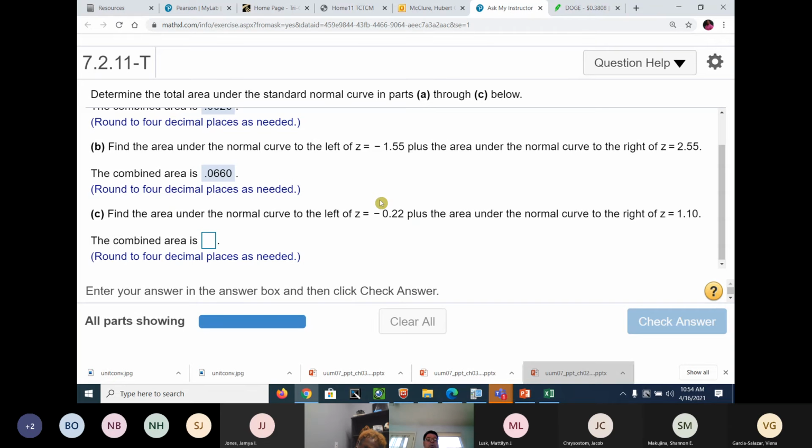And they want to go under the curve to the left. And to the right of. Is it 1.10? That's what you. 1.10. 1.1 would be right here.